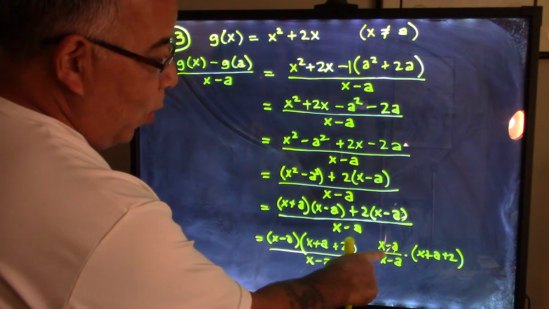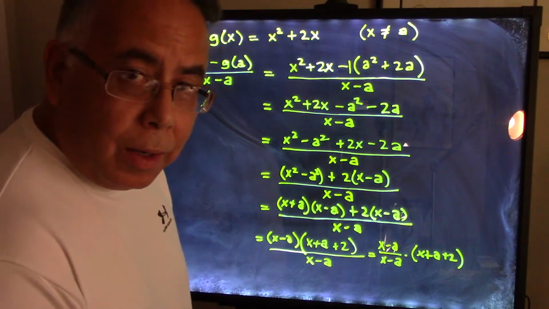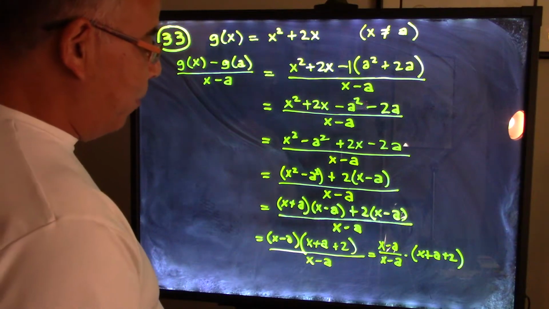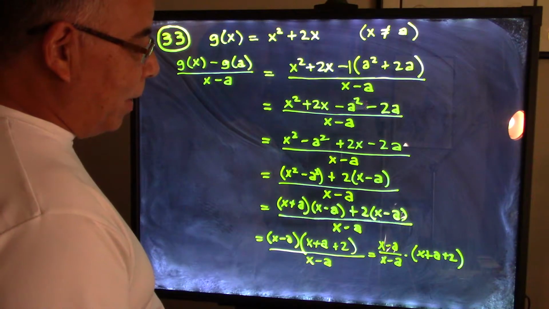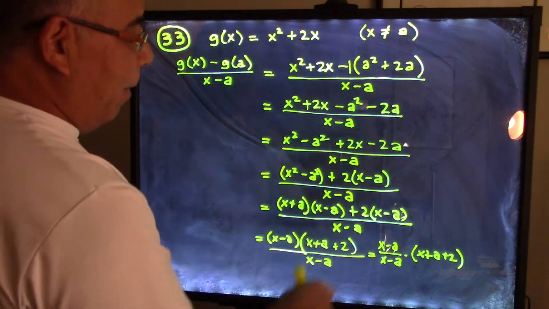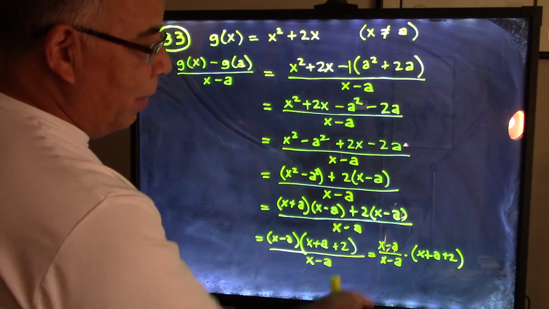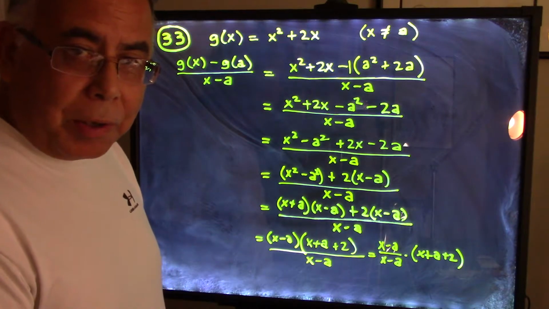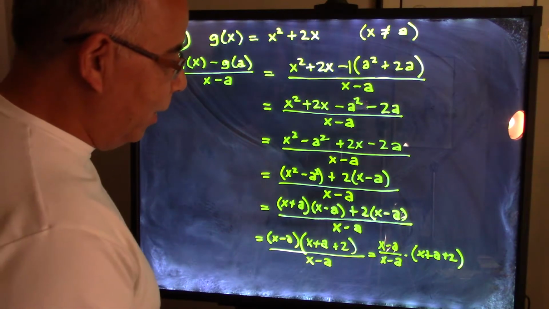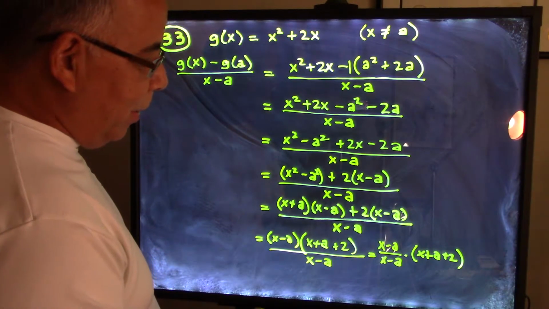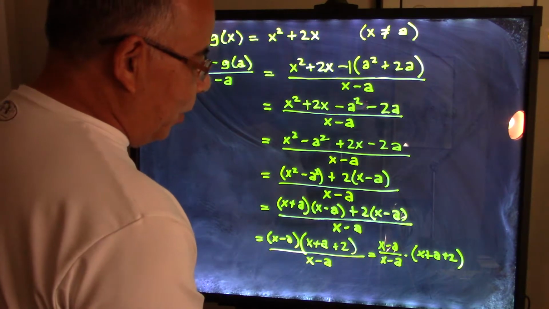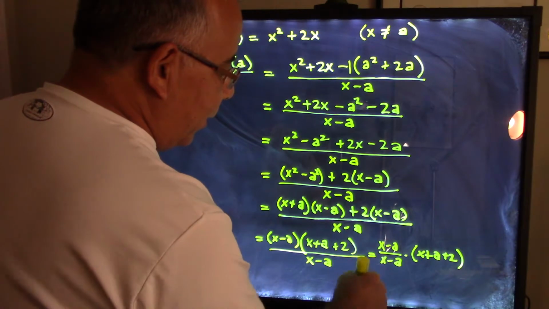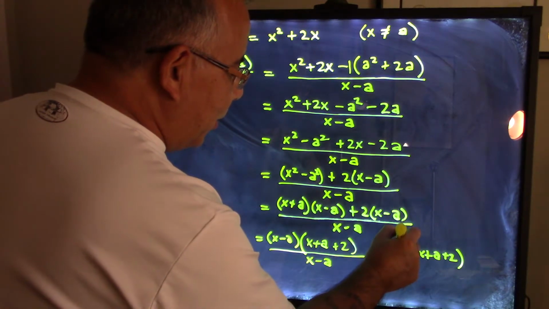This is a factor of 1, so we can basically ignore that. We can ignore it safely because x does not equal a. If it did, we'd have 0 over 0, which is undefined. Since it doesn't equal a, we don't have to worry about it. This is equal to 1, so we can cancel.